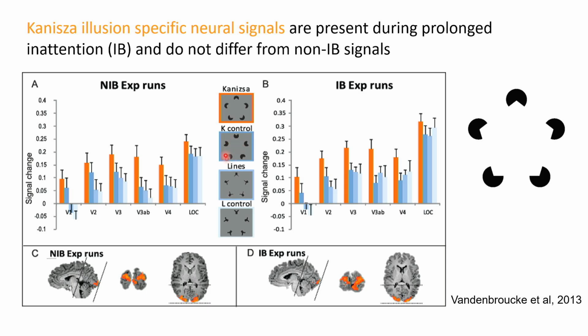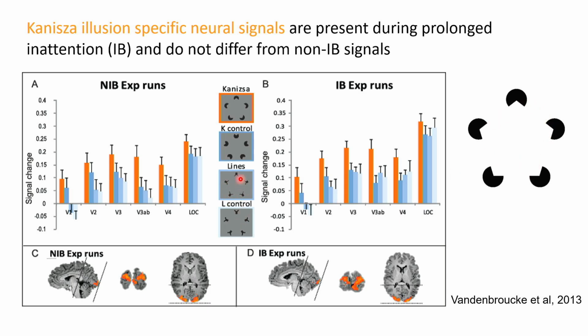This is of course the classic control with the Pac-Man inverted. This is something where you also have these quasi Pac-Man, either forming a pentagon shape or not. And the critical difference between this one and this one is that in this one you really have this induced percept, that you infer this pentagon lying on top of circles, which is not really happening with this control.